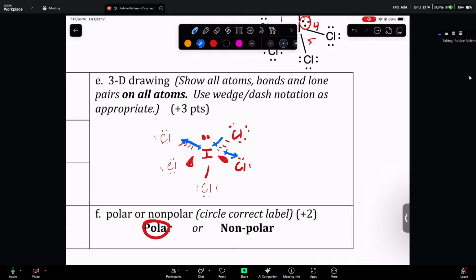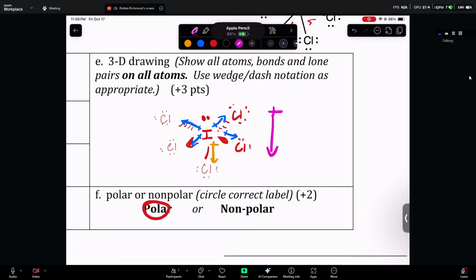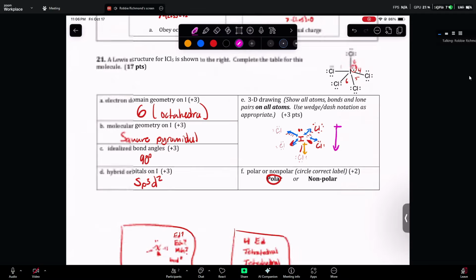Same thing happens here. Now, the only dipole we have left that's not canceled out is this dipole of this chlorine pointing directly down. So the net dipole moment would be directly down, aka polar.